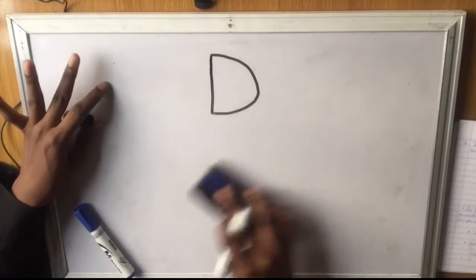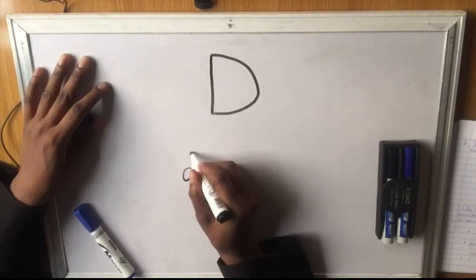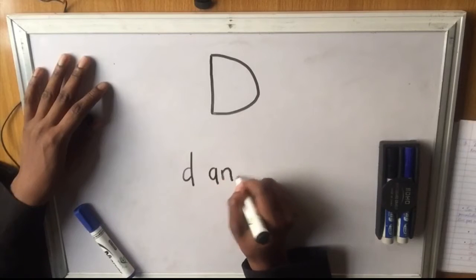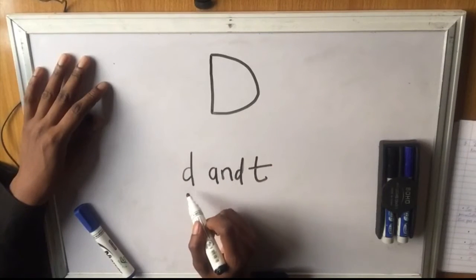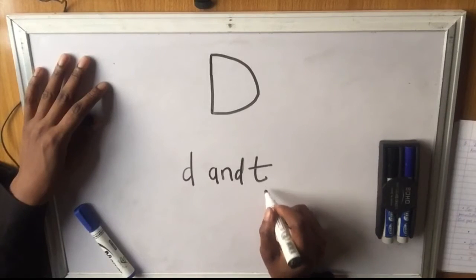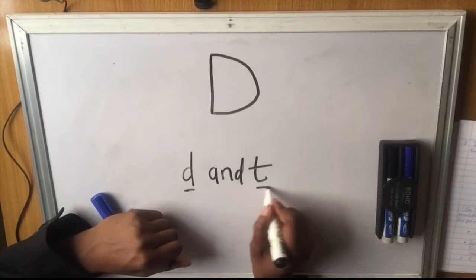It is actually an in-between sound of D and T. So you're not saying D, D, D, D, or T, T, T, T. You're saying a sound in between D and T.